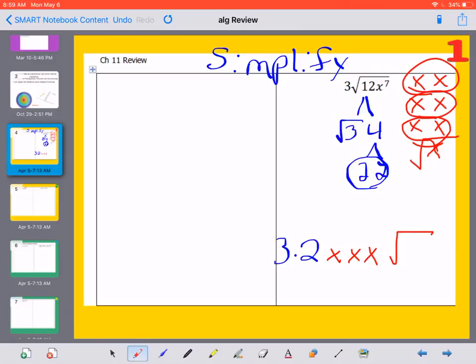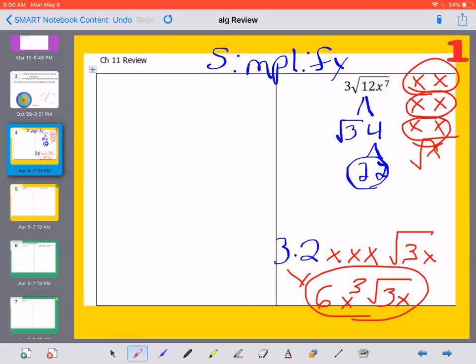So what I have that I can't do anything with is a 3 and an x. So if I multiply this all out then, 3 times 2 is 6. Then I have 3 x's, so x cubed times the square root of 3x. That is my answer. That cannot go any simpler than that.